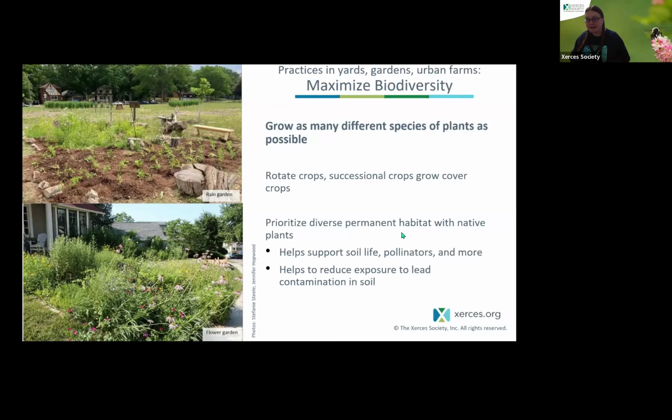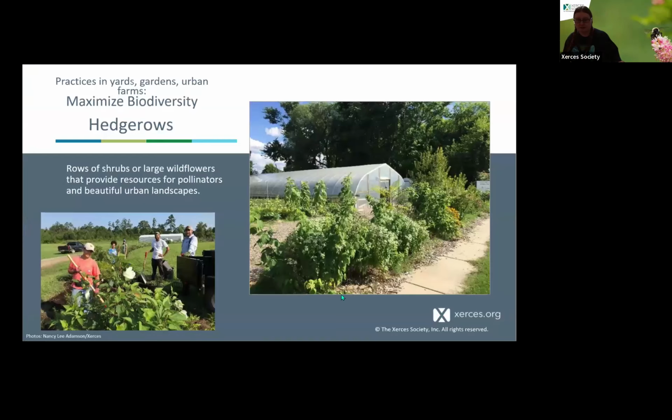So if we're planting perennial or permanent habitat for beneficial insects, we really want to have that protected from pesticide exposure. And all of this helps support soil life, pollinators, and more, and helps reduce exposure that leads to contamination in the soil.